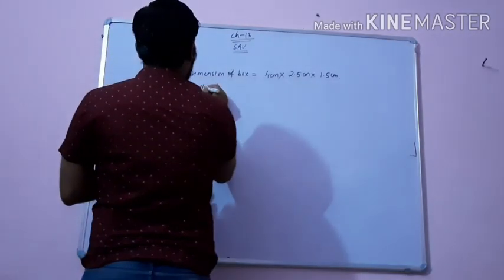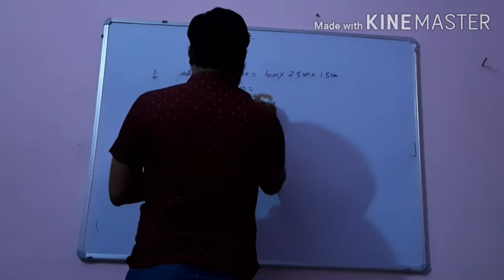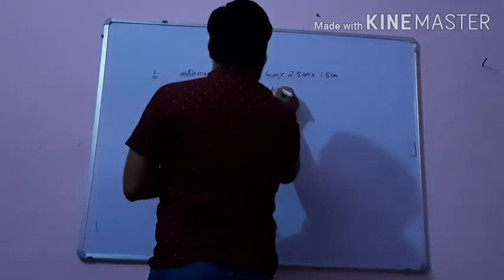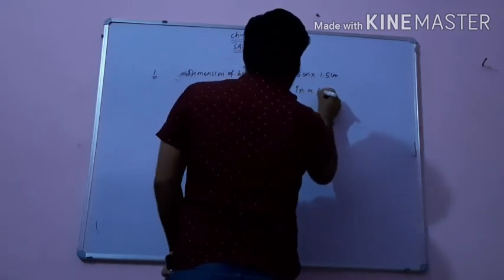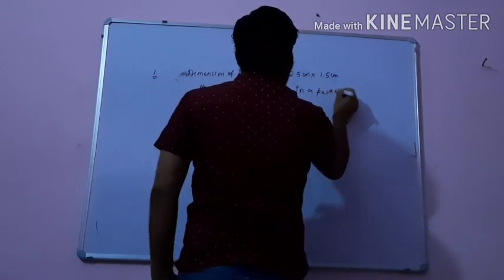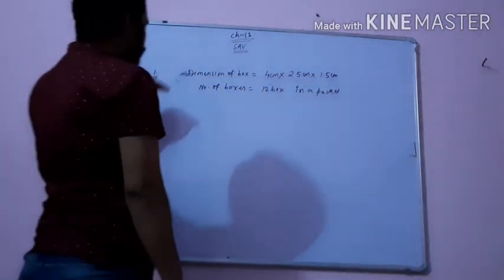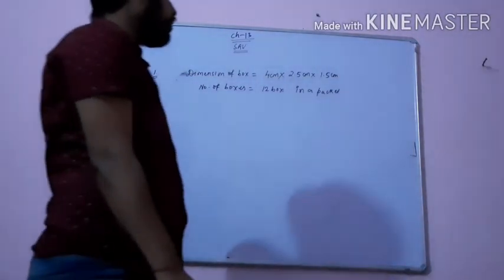Now, the number of boxes in a packet. We have to find the volume of the packet. Now, the dimension of the box is 4 centimeter, 2.5 centimeter and 1.5 centimeter.